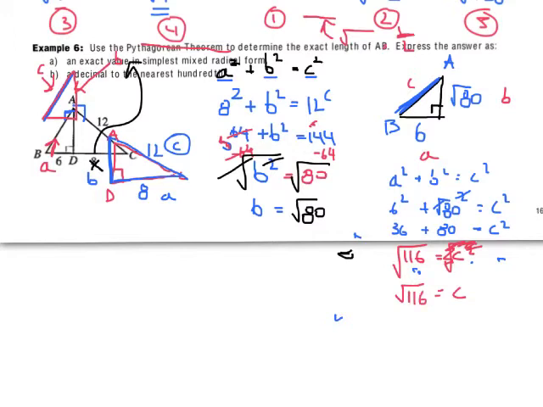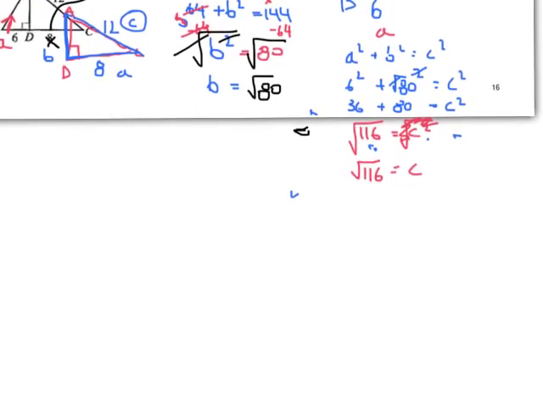However, the question says they want a mixed radical. Well, now we do our mixed radical, and I get the square root of 116. I'm going to split that up into two separate roots. Okay, so what's the highest perfect square that goes into 116?